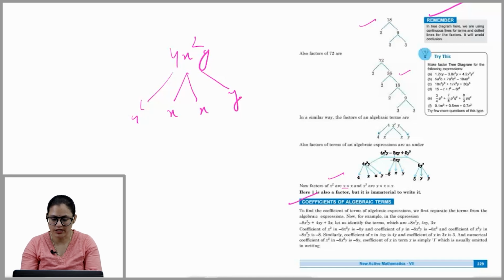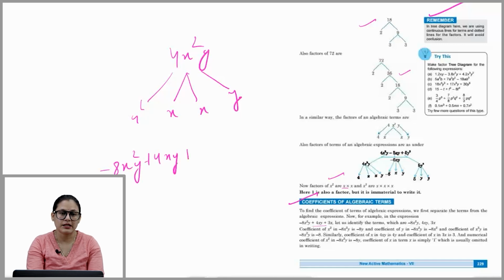Next, coefficients of algebraic terms. To find the coefficient of terms of an algebraic expression, we first separate the terms from the algebraic expression. Now, for example, in this expression, minus 8x square y plus 4xy plus 3x, there are three terms.